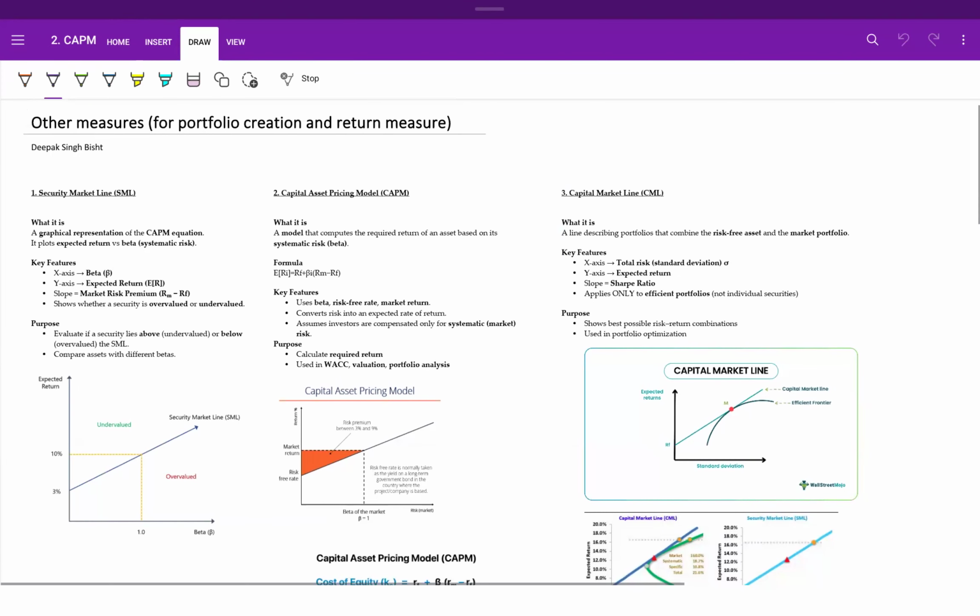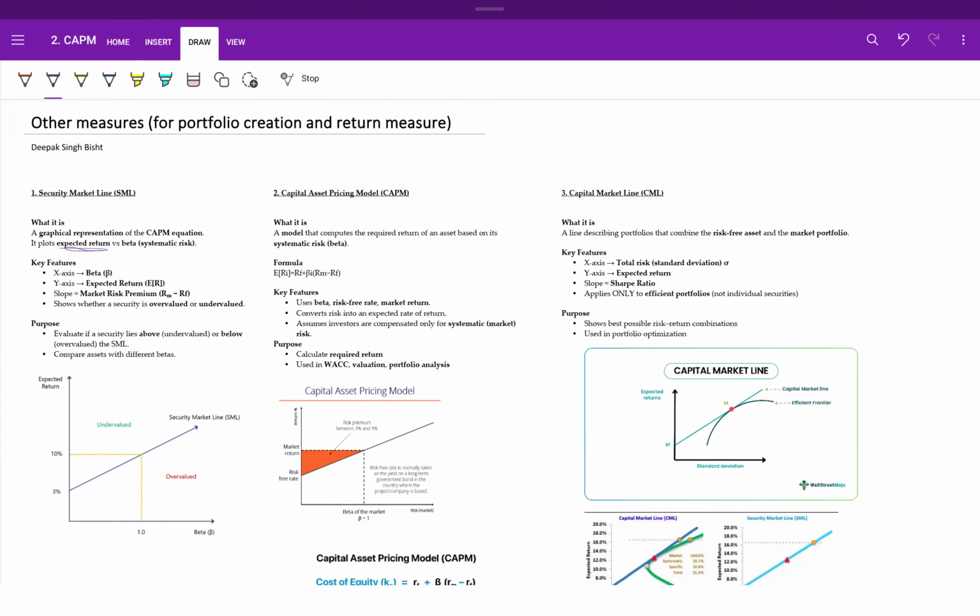So these other measures are for portfolio creations and the return measures. Security market line. The security market line is a graphical presentation of the capital asset pricing equation. It plots expected return versus beta.